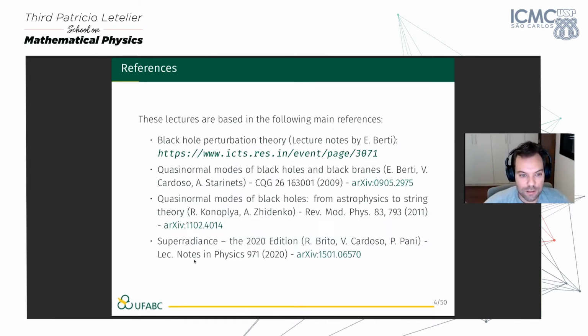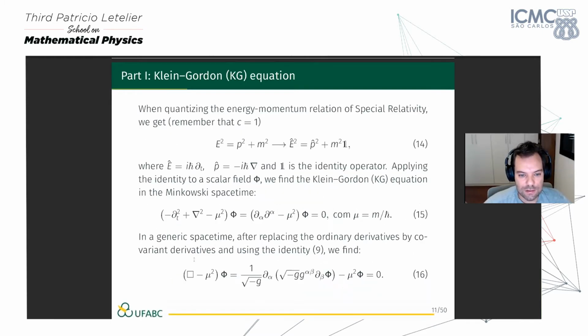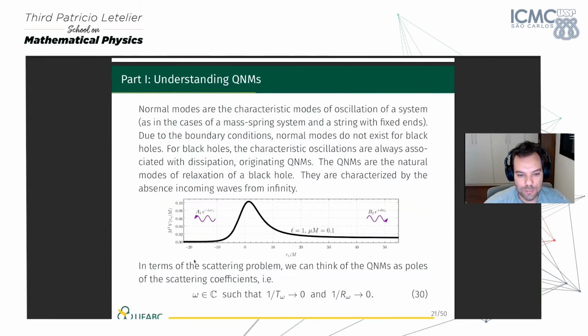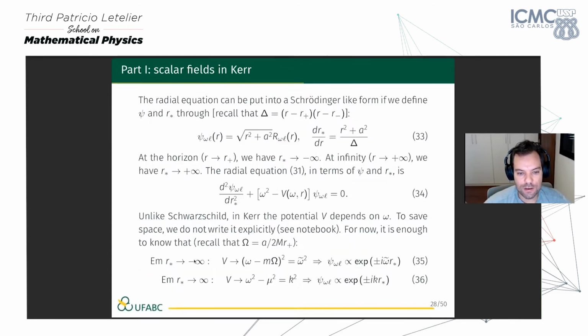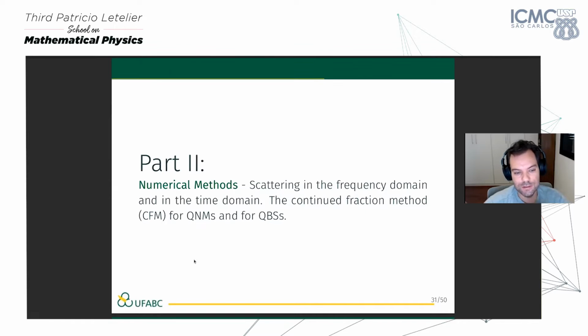Okay, so let's go back to where we stopped on Tuesday, when we were talking about the methods. In the first lecture on Monday, I explained the Klein-Gordon equation in Schwarzschild and Kerr backgrounds, how you can separate the equations and what you can do with them.